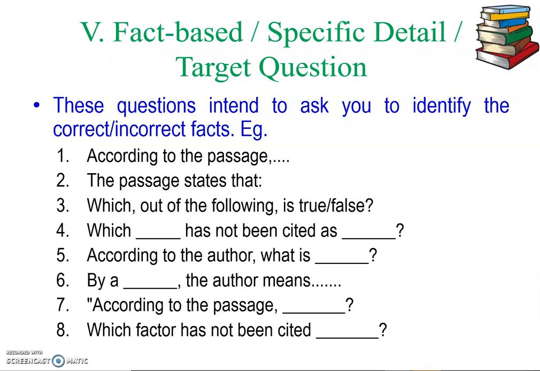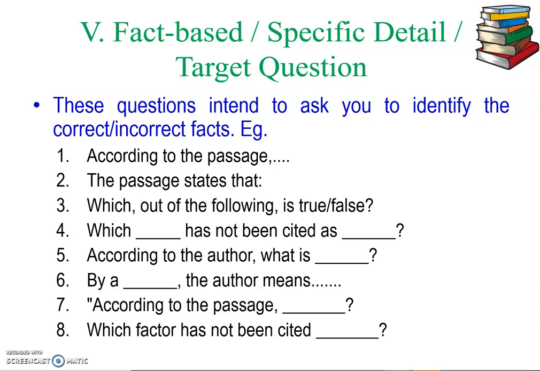Now, the fifth type of question category is factual based, also called fact based, specific detail, or target question. These questions intend to ask you to identify the correct or incorrect facts, or answer the direct questions based on the factual data mentioned in the passage.